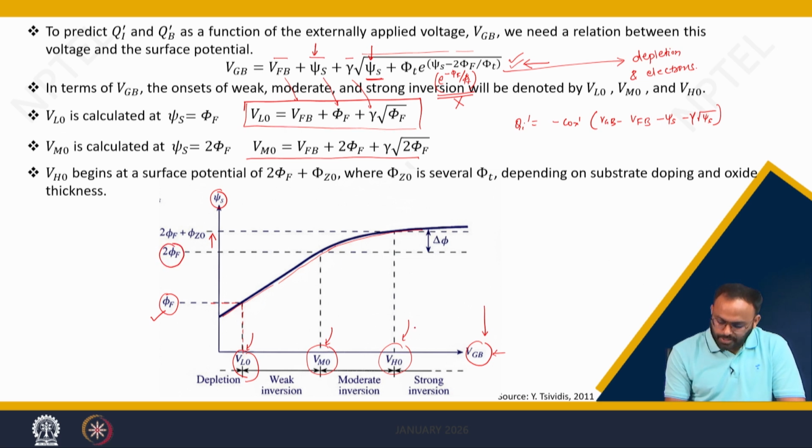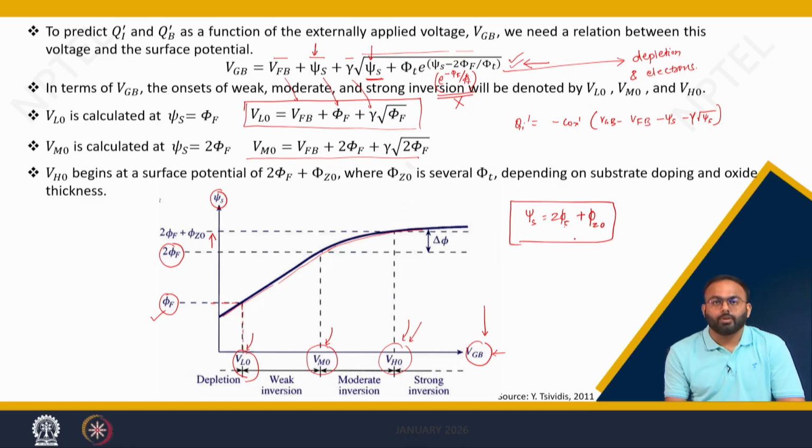Now if I am interested in VHO, then I can put the surface potential value as 2 phi f plus phi z0. The calculation of phi z0 is not that easy because it varies with the substrate properties like substrate doping and the oxide thickness. So phi z0 can be represented as n times phi t.